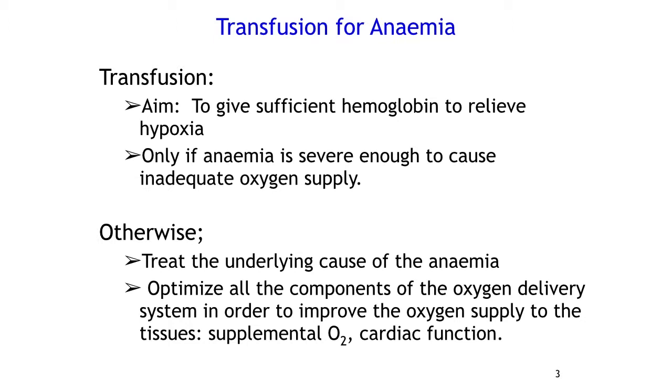Otherwise, you are better off treating the underlying cause of the anemia, as well as looking at other alternatives that can optimize oxygen delivery to the tissues, like giving supplemental oxygen and improving the cardiac function, and at least you can save that unit for somebody who needs it most.